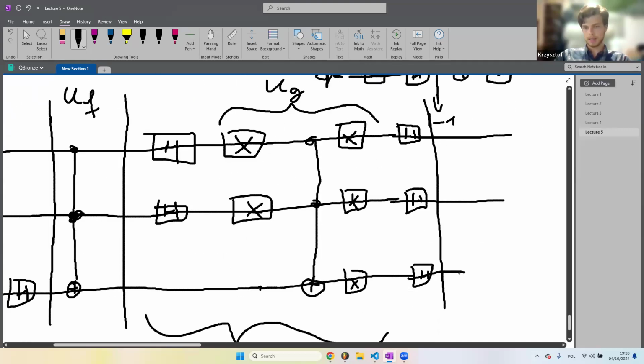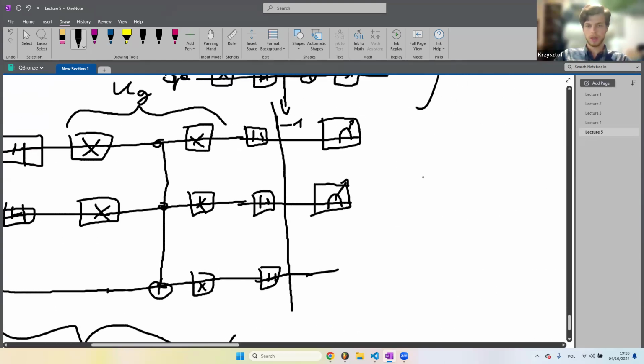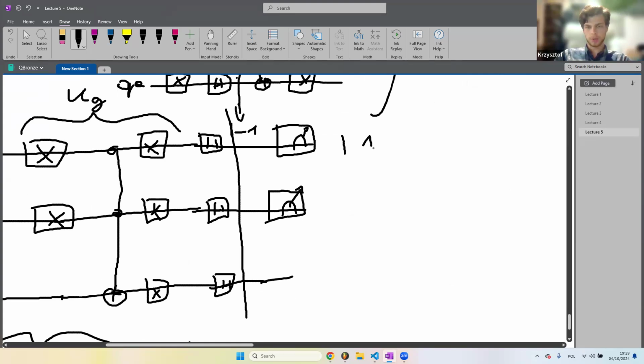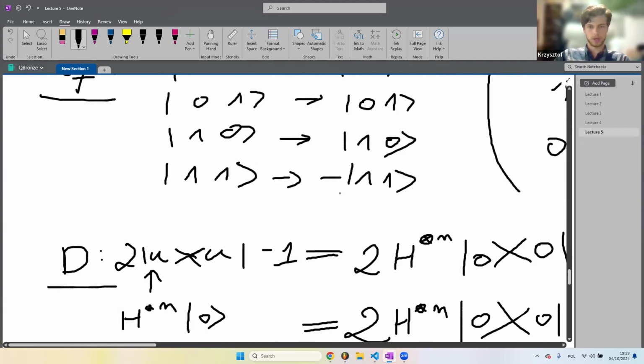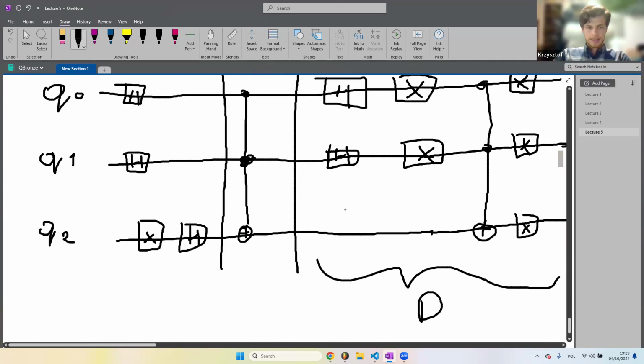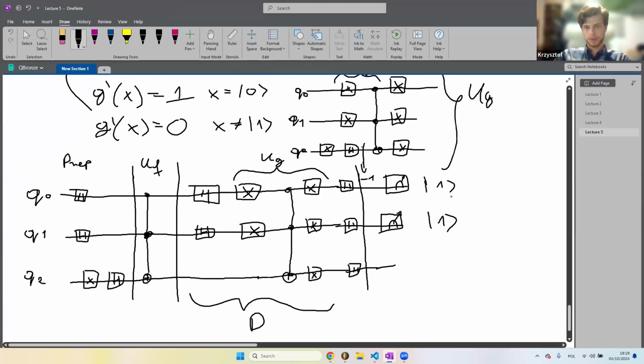At the end, we can measure our results. And hopefully, in this particular example, with this particular oracle, the result of the measurement should be 1 and 1, because this is how we defined our function to work. And in this 2-qubit case, you are able to measure 1 with 100% probability.